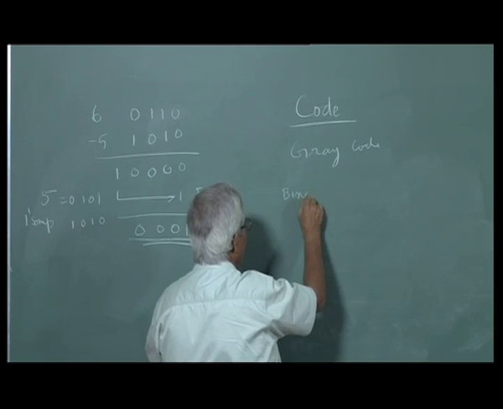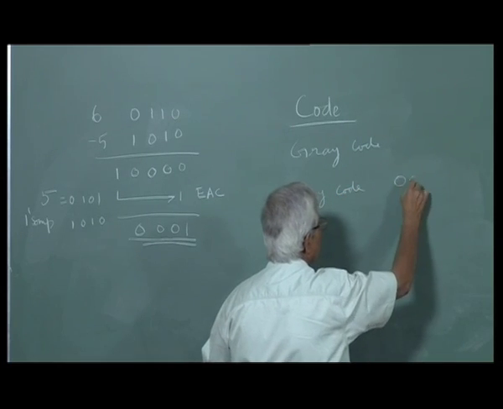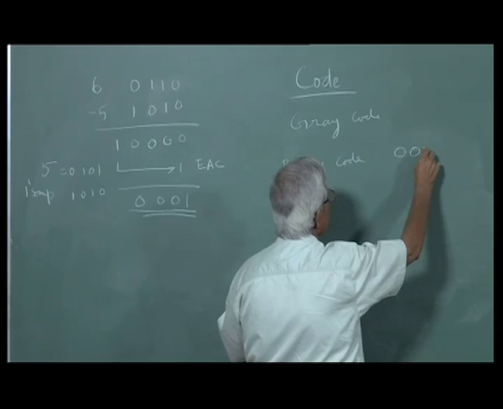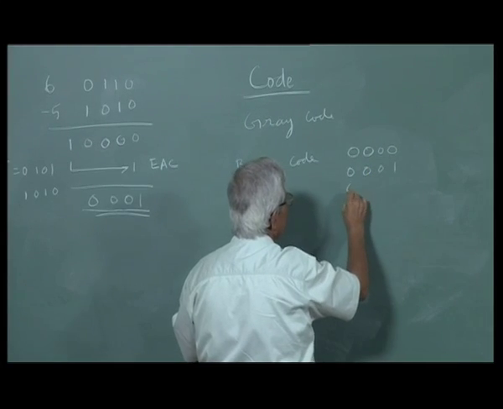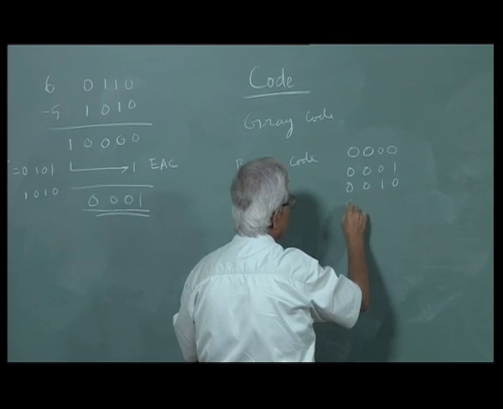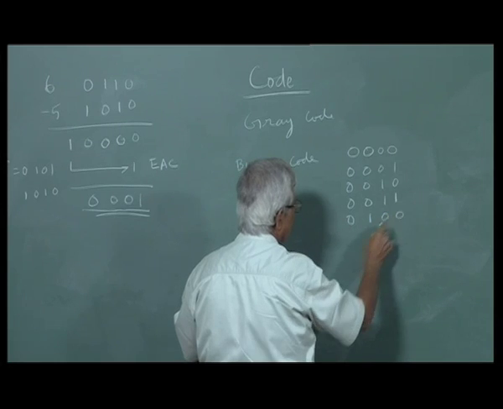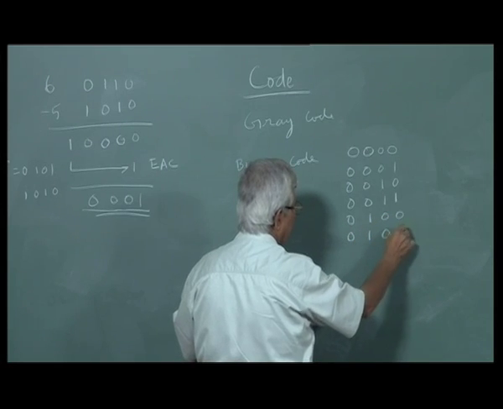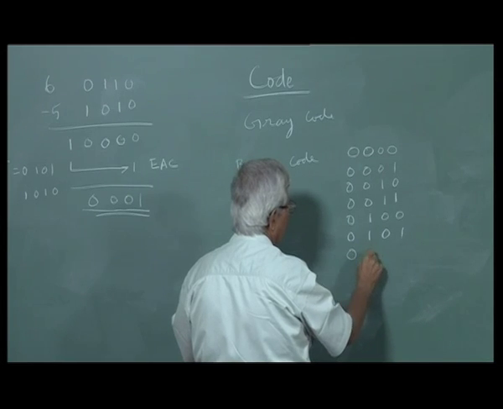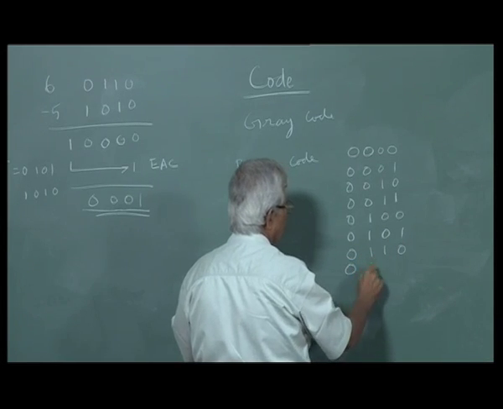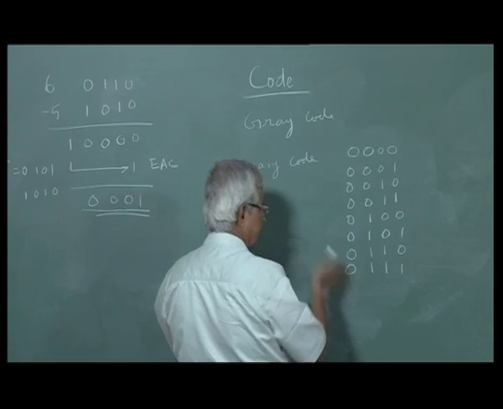That is normally what we use, binary code. 0, 0, 0, 0, then 0, 0, 0, 1, 0, 0, 1, 0, 0, 0, 1, 1, 0, 1, 0, 0, 0, 1, 0, 1, 0, 1, 1, 0. This is 0 to 7. I will write from 0 to 16.